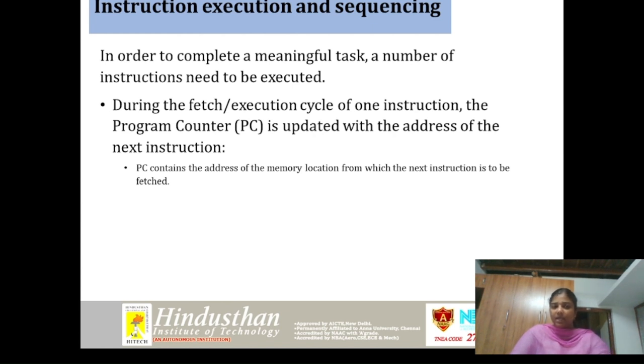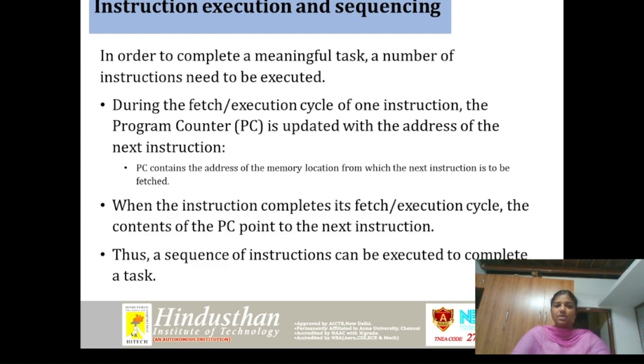We have seen that the PC is used to store the address of the next instruction to be executed, and when the instruction completes its fetch or execution, the content of the PC points to the next instruction. So if there are 10 lines of instructions, first the PC will contain the first instruction, and when that is completed, the PC will be replaced with the second instruction. Thus a sequence of instructions can be executed to complete a task.